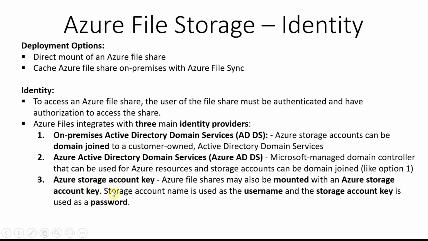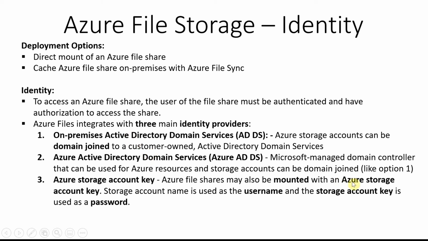The third one is, if you don't have Active Directory, then you can also use your storage account key as one of the identity options. Azure file shares may also be mounted using the Azure storage account key itself, but it's not a good practice to use this. The recommended option is to use Active Directory based, so that you get the other benefits of adding people, removing people, and all those things.